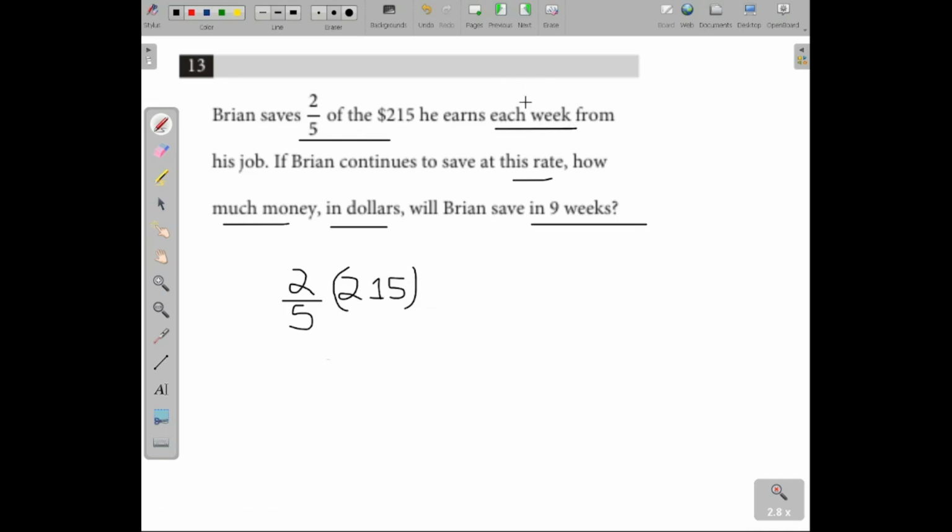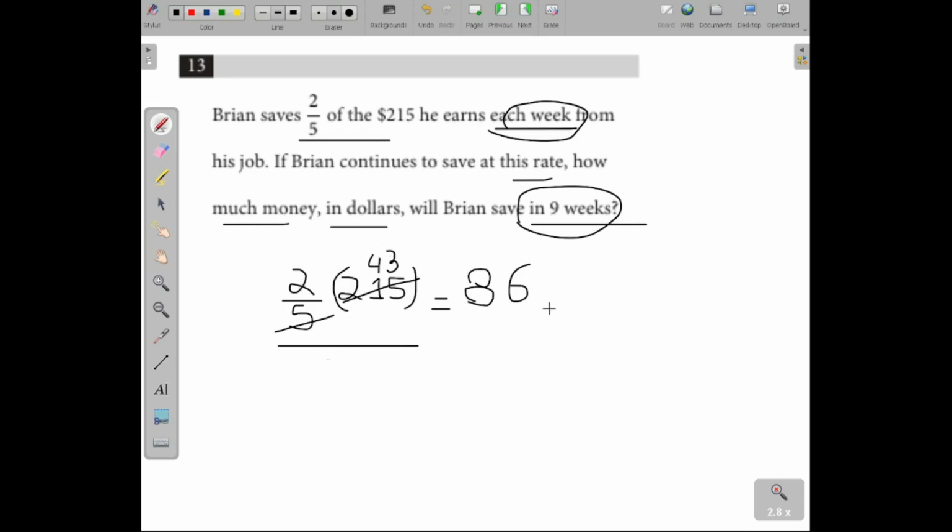If we know how much he saves per week, then we can multiply that amount by 9 and we'll have the result. We can simplify 215 divided by 5, which is 43, and 2 times 43 is 86.